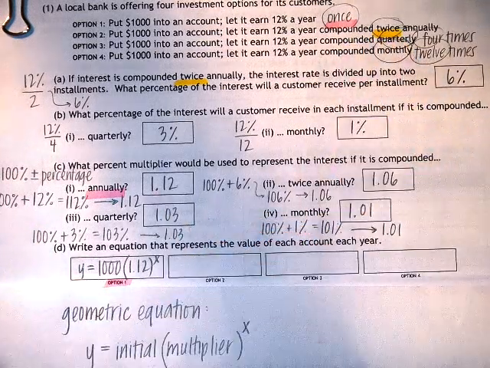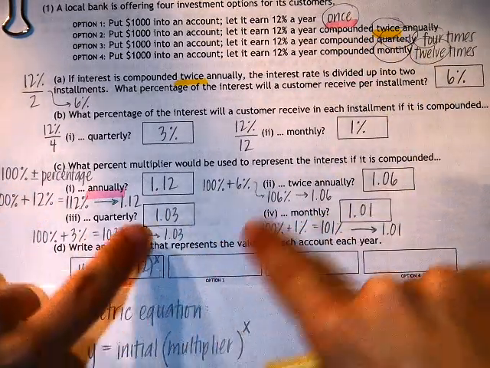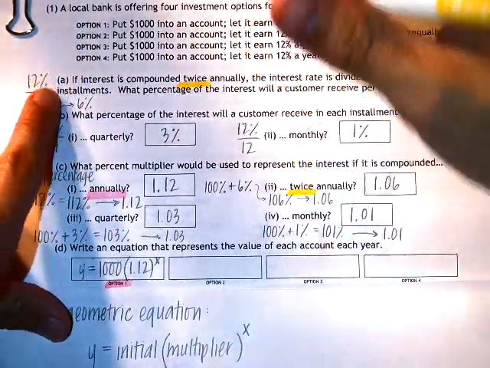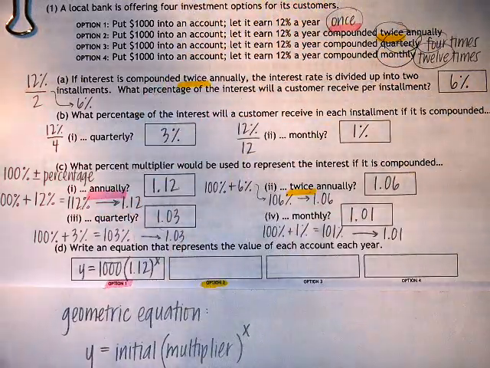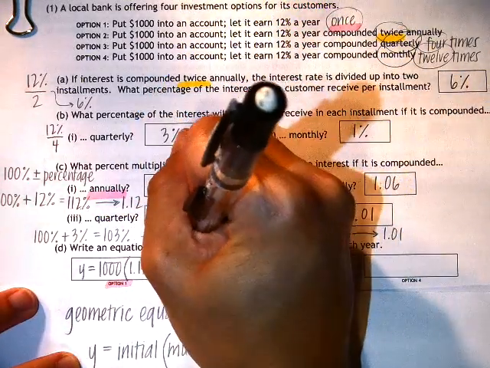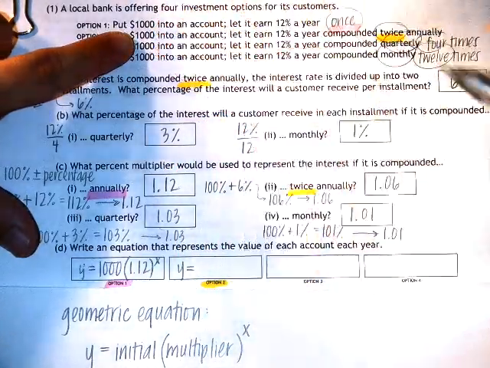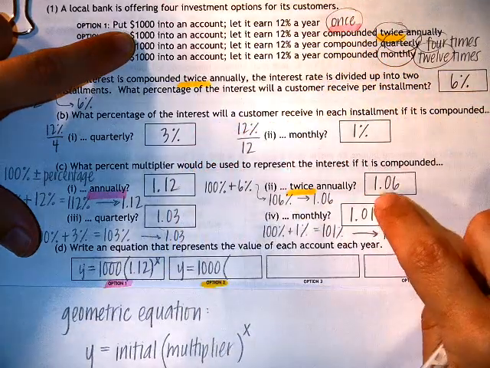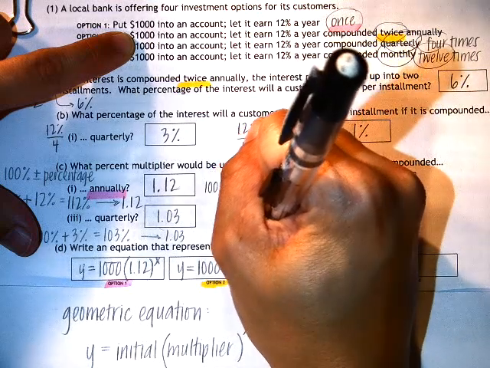So let's notice where we got this info and make sure we can see it. The second option was twice annually, the one that we did in part 2. Again, I'll color code it so I can keep it clear for myself. That means I'd have y equals, option 2 was another initial value of 1,000 times its multiplier, which we figured out was 1.06, to the power of x.